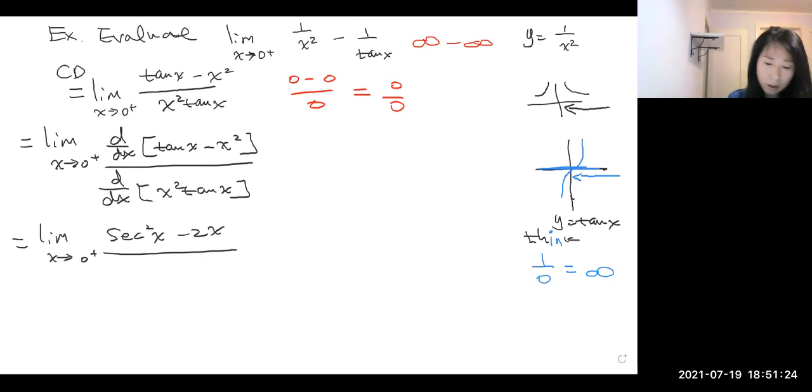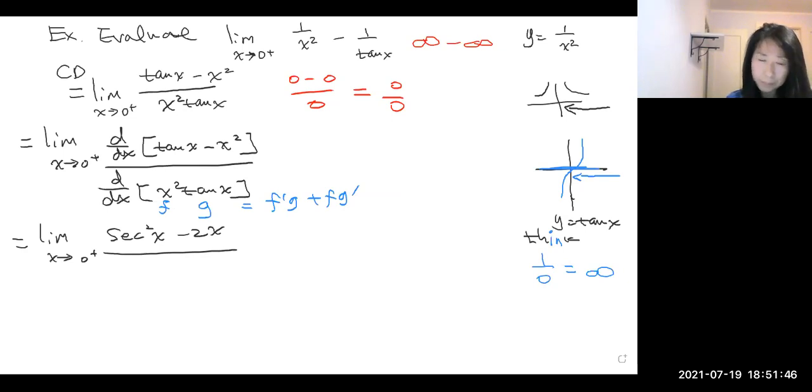At first, we cannot use that. We must use L'Hopital's rule on the numerator and denominator separately. So this is f g, then f prime g plus f g prime. So what do you get for this one?